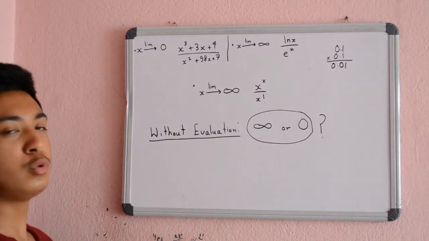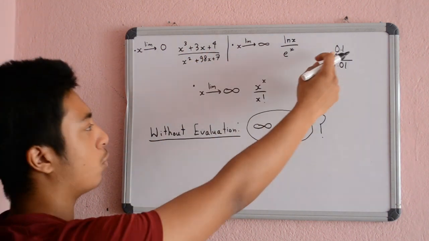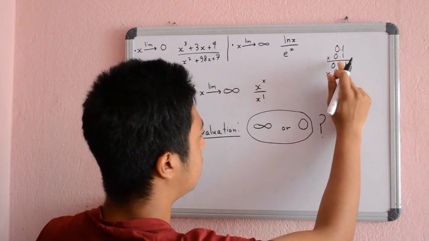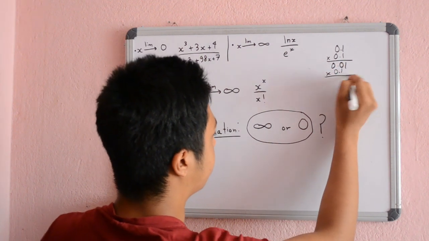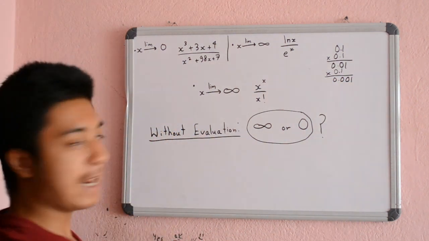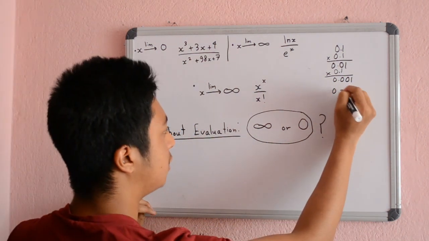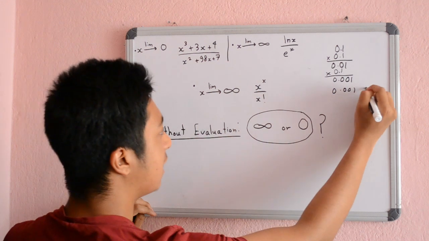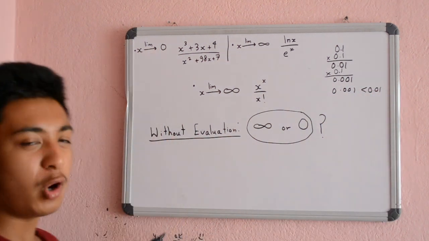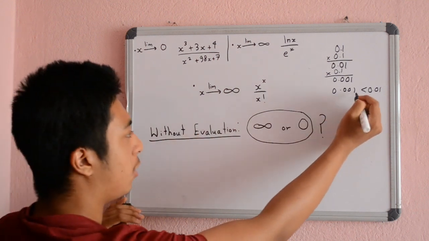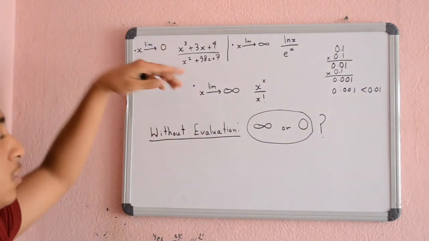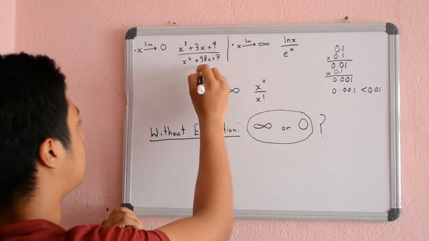Now what if you cube? 0.1 cubed, well, you multiply it by 0.1 again, so you get 0.001. And as you can see, 0.001 is obviously less than 0.01. When these numbers get smaller and smaller, this number will be far smaller than this number, meaning that this whole limit will in fact just be 0.